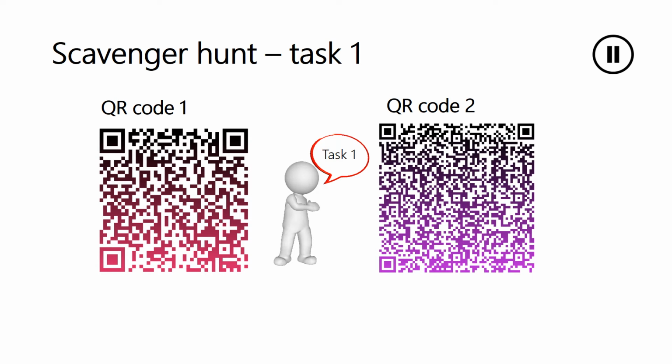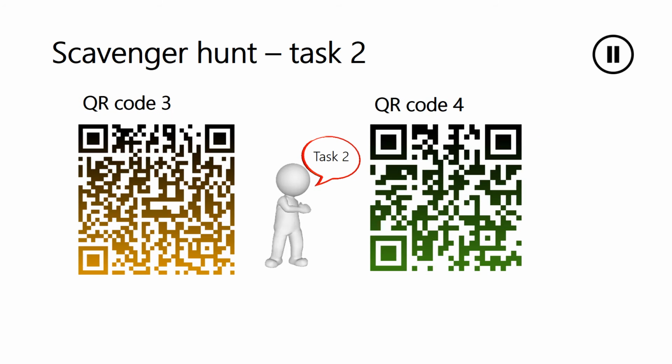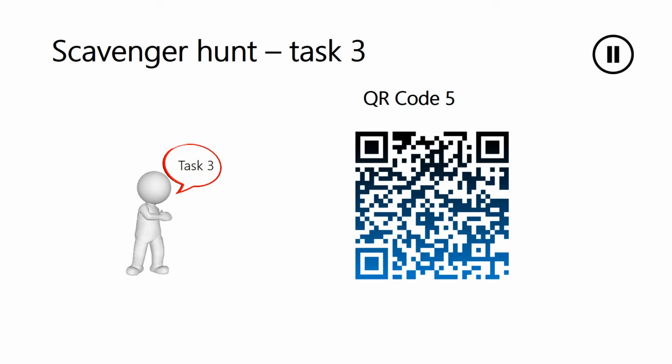Pause after each slide so you have time for doing the tasks. Now task 2. Again, pause the video. The last task consists of only 1 code. Again, pause the video.